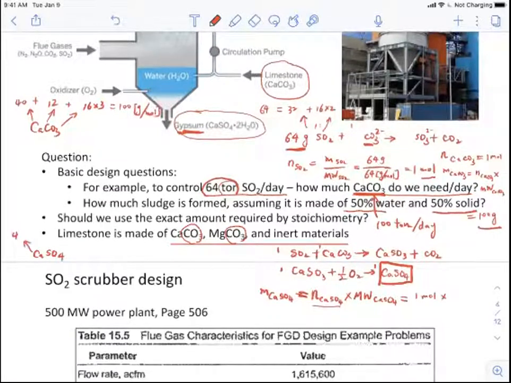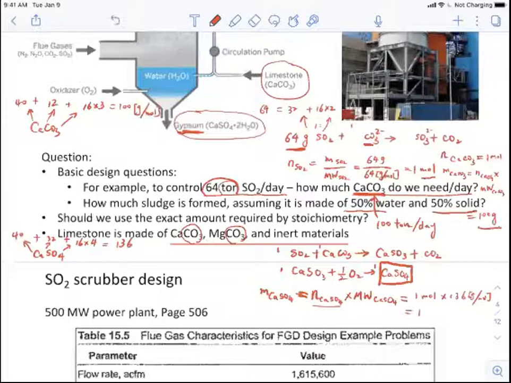Here you have 40, here you have 32, and then you have 16 multiplied by 4. Okay, so it turns out that this answer is 136. So basically you're going to multiply that by 136 grams per mole.